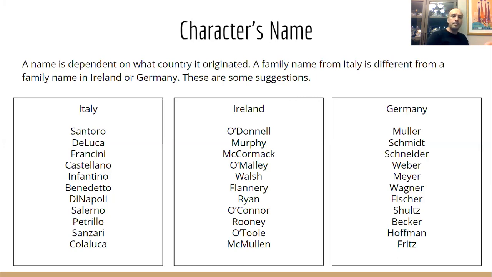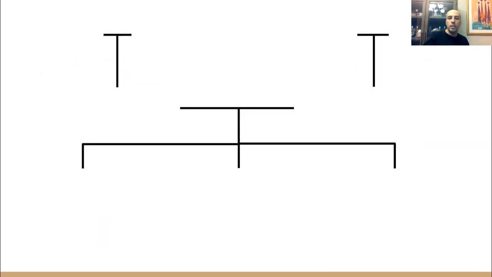What I did was I actually picked a different last name, which you'll see in a second. I'm thinking that my character is a 10-year-old boy from Italy, and I decided to name him Filippo. And you're gonna see him in a second. What I want you to do now is have a piece of paper and a pencil out, because I'm gonna have you build a family tree for your character right now, okay?